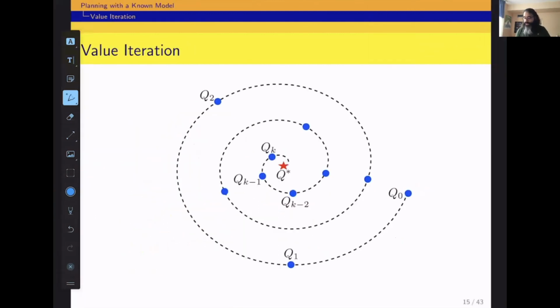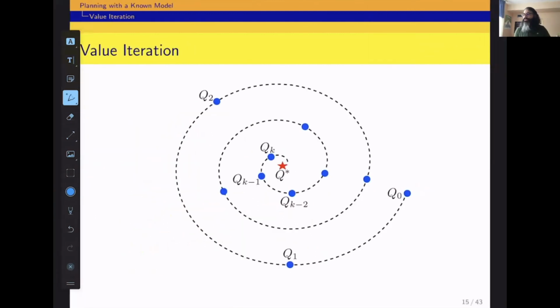But maybe there is another way to think about this. Here I'm showing you a different coordinate system. This is somehow like the space of functions, so each point here is a function. So this is Q0. I do some computation, I get Q1, Q2, until eventually I converge to Q star.